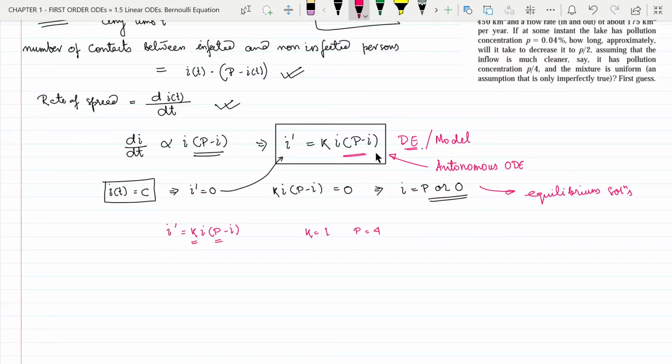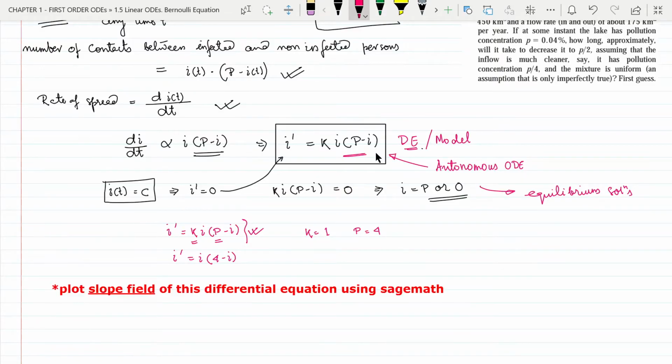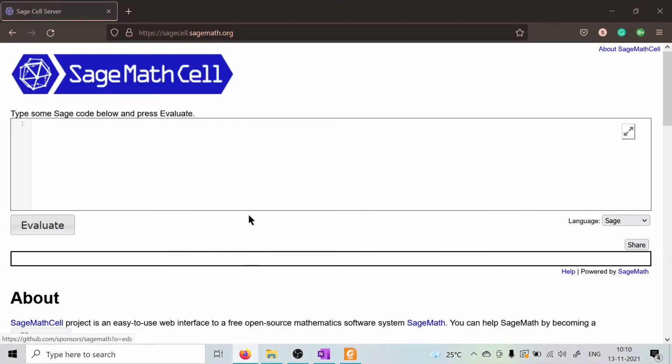We can substitute these two values in the differential equation to know about the behavior of the slope field, and from that we can interpret the behavior of the slope field of the original equation. So if we put k equal to 1 and p equal to 4, then the differential equation will become I dash equal to I multiplied by (4 minus I), and let us plot this differential equation using SageMath.